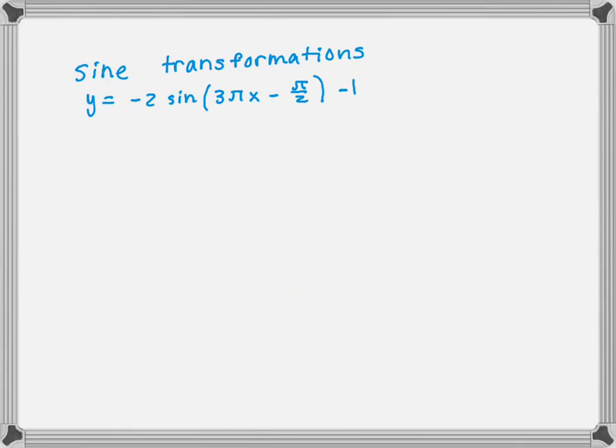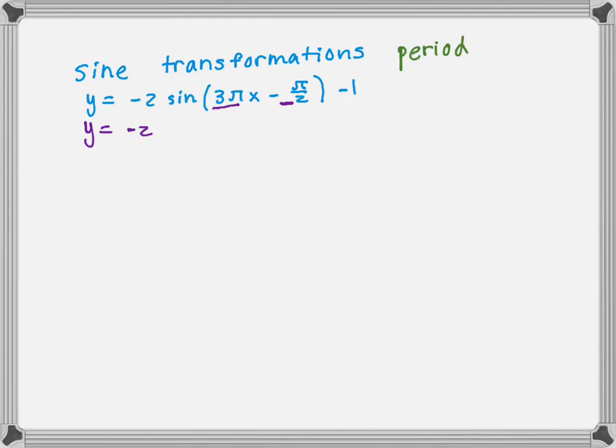So now working with some transformations. We're first going to start with looking at the period. I'm going to write out period. And we know that it's 2 pi over k, but we don't really know what k is right now because we can see that we have this 3 pi here, but we don't know what this is affected by, so I'm just going to rewrite the equation.